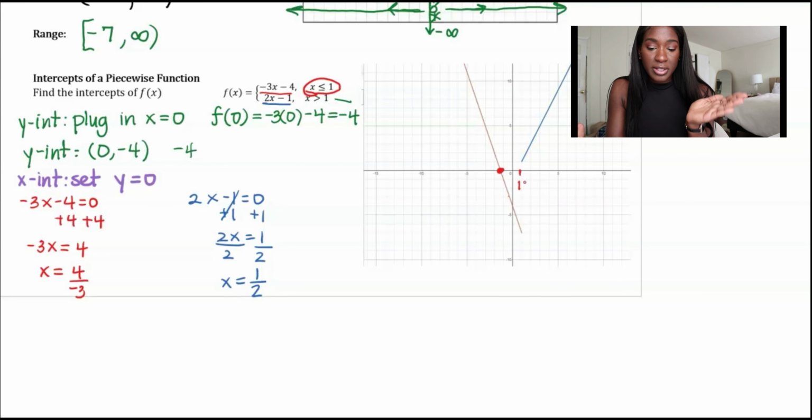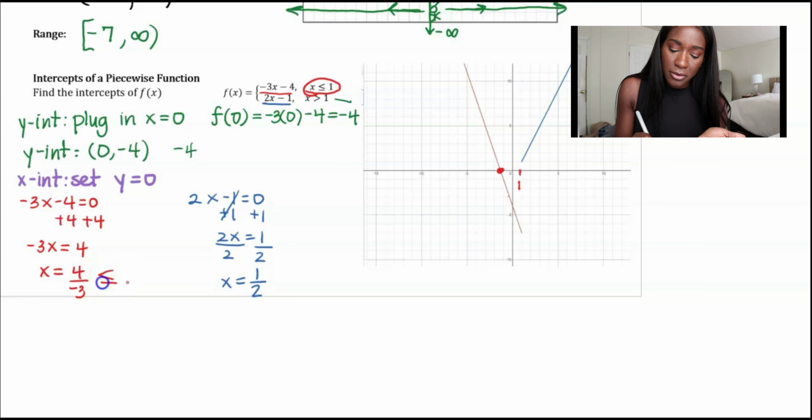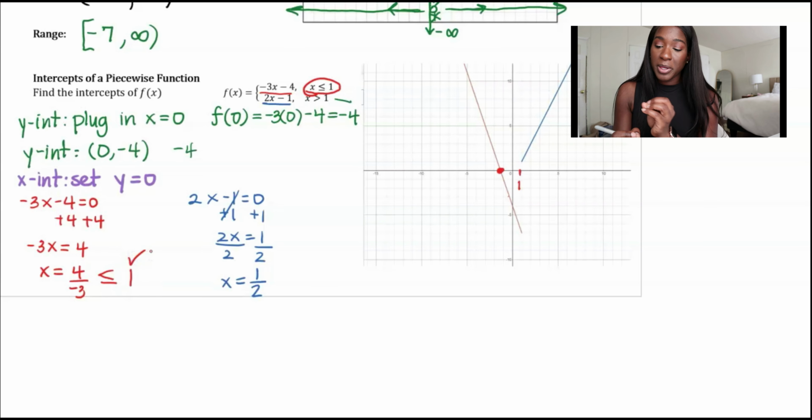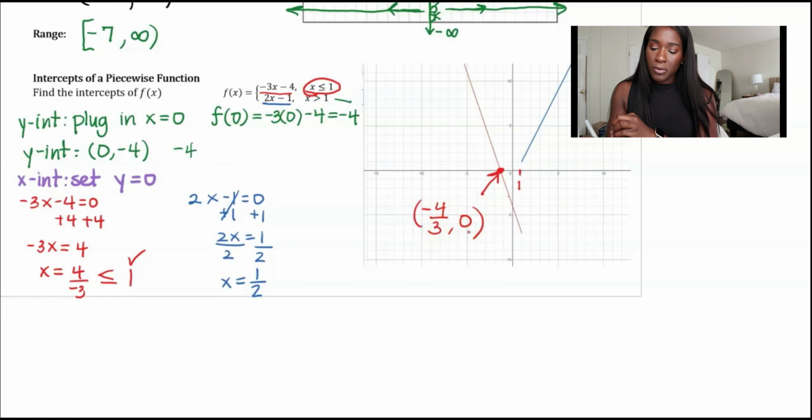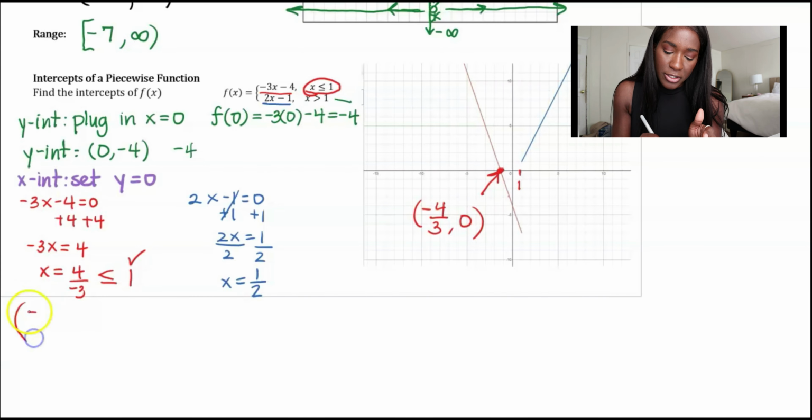Is negative 4/3 less than or equal to 1? Yes, so that works. It will be on the graph. We can see it right there. That's the point (-4/3, 0). Don't question that minus, okay? Negative fractions, put the negative in the front, in the top, in the bottom, anywhere you want to write it, it's the same fraction. So we do have an x-intercept at the point (-4/3, 0).